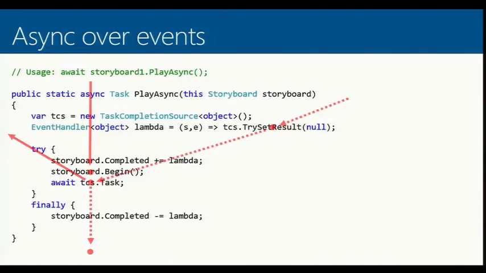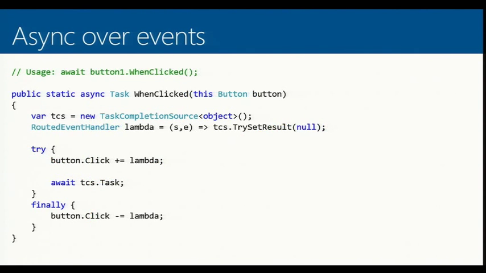Now, this code is a bit hairy. A lot of people don't get it the first time they've seen it. So I'm going to show it to you a second time. Let's see what happens. Await button1.WhenClicked. Exactly the same pattern. Actually, I'm not going to dig into it too much because you can download these slides and study it yourselves. It's got exactly the same code layout.